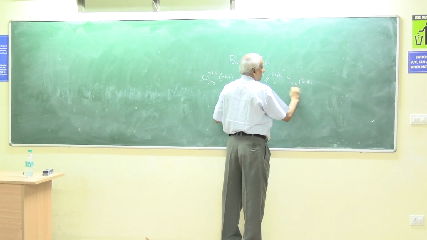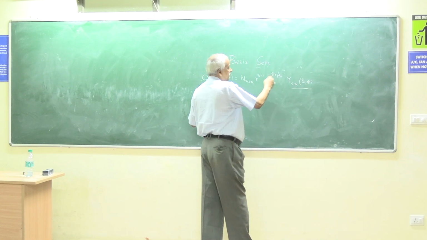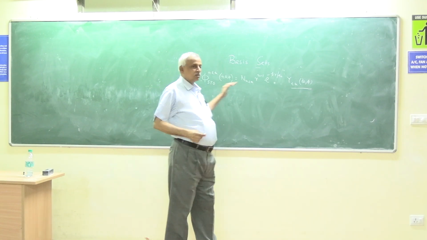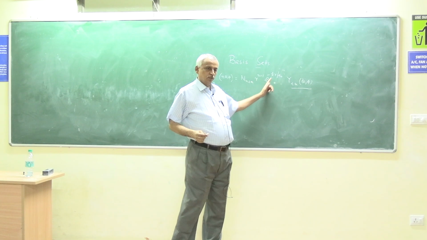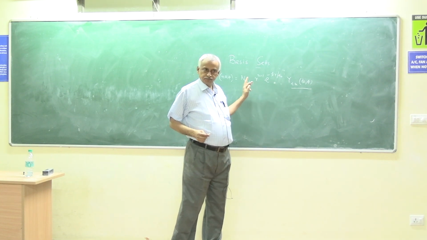So, this is your spherical harmonics, okay, and this is the zeta. You use this word zeta again and again because in the ordinary hydrogen atom problem, generally we write it as e to the power minus zeta r by a0, where a0 is the first Bohr radius, okay.